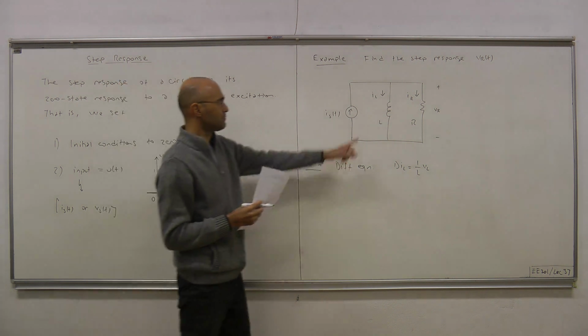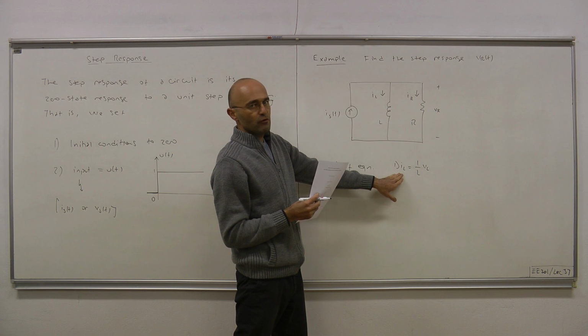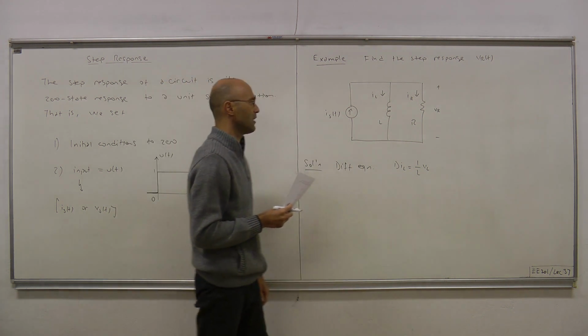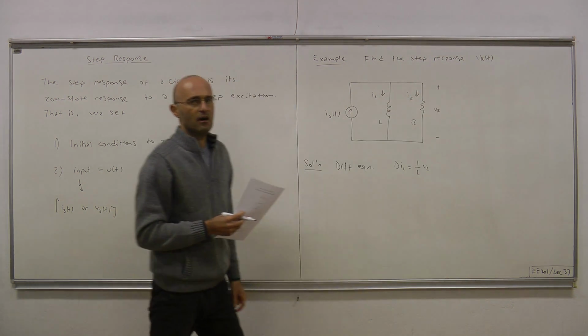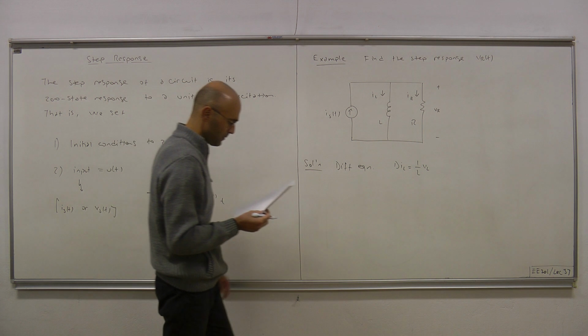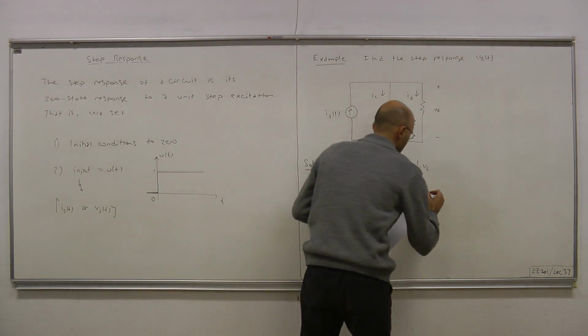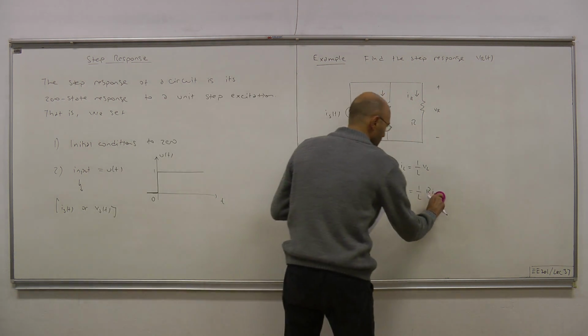So that's where we start from, the terminal equation for the inductor current: di_L/dt equals 1 over L times the voltage v_L, and clearly this voltage is v_R. Everything is in parallel in the circuit. And that's 1 over L times R times i_R, excuse me.